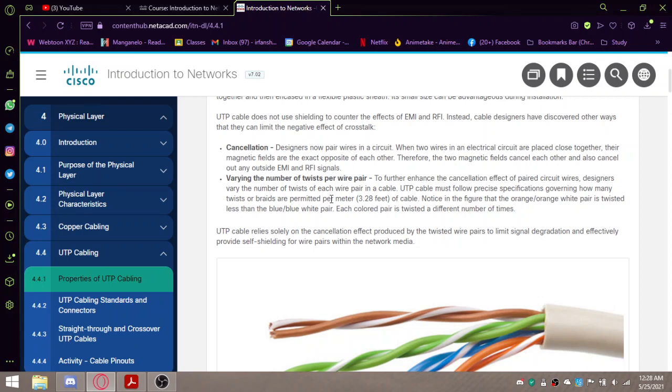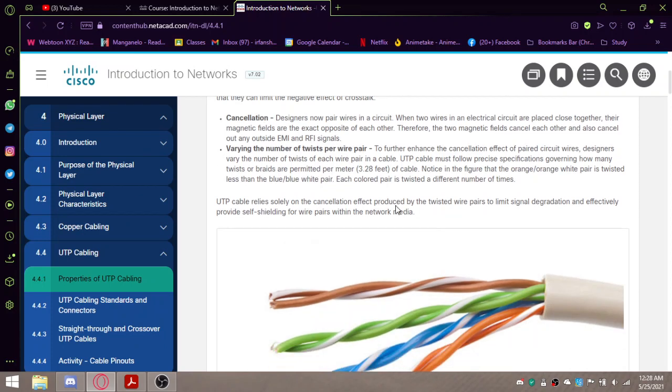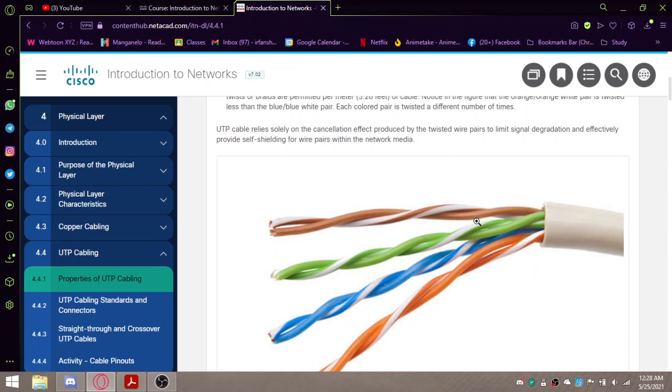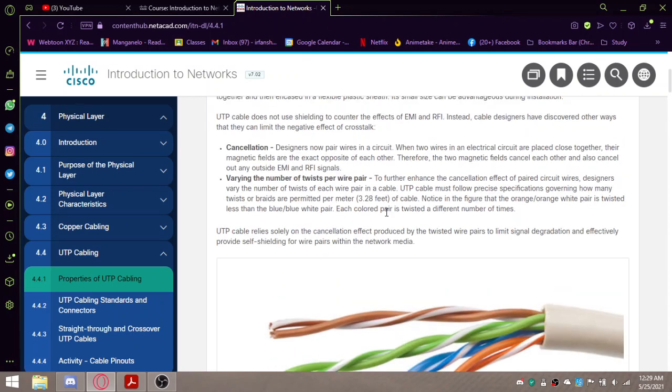Okay, maksud dia, setiap wayar ni dia akan produce dia punya RFI dan EMI. So to counter that, they don't just have one wire, instead they have two, which counter each other's signal. And also counter outside EMI and RFI signal.